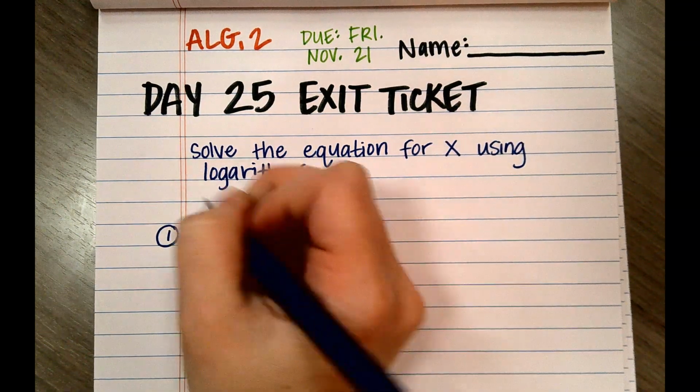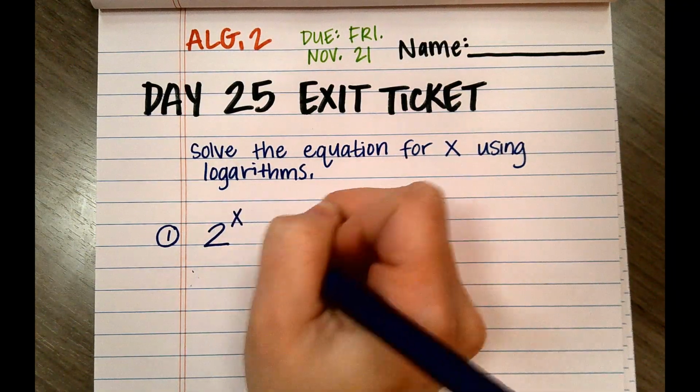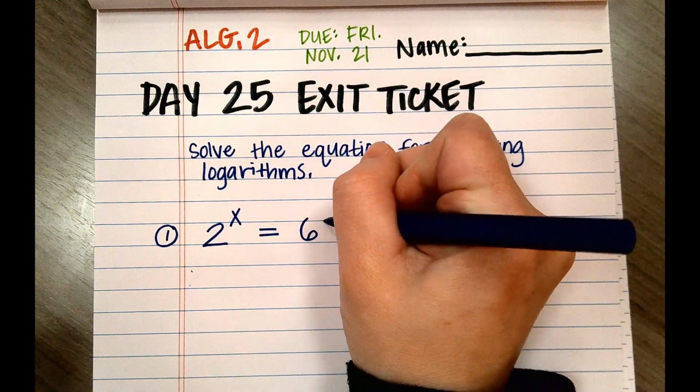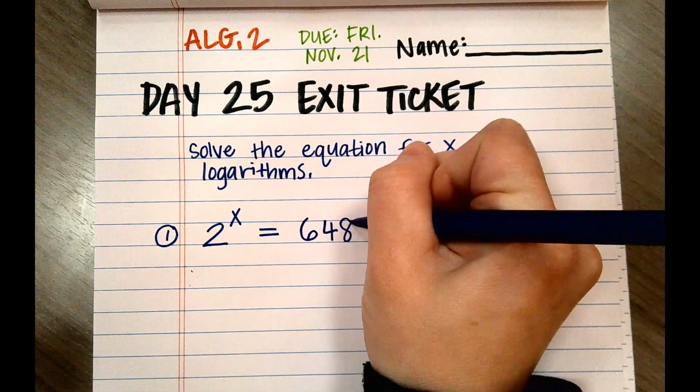Here, 2 to the x power equals, make sure I don't pick a number that 2 works with. 648.